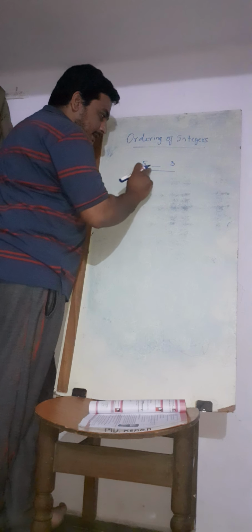If you are asked, see, I will draw a number line. This is 0, 1, 2, 3, 4, 5, and so on. Then -1, -2, -3, -4. See the number line now.